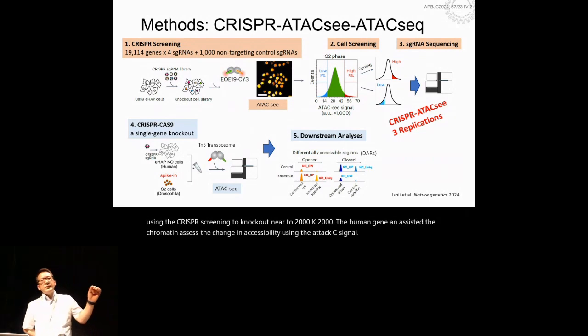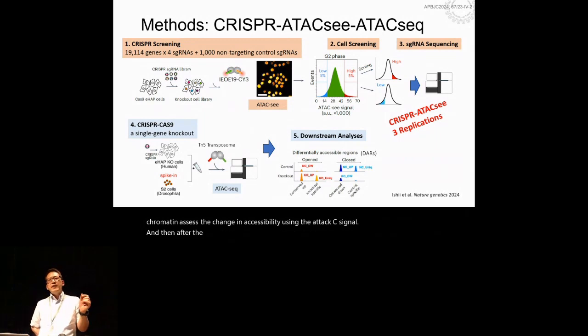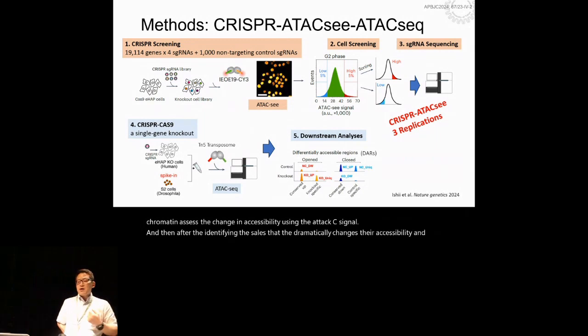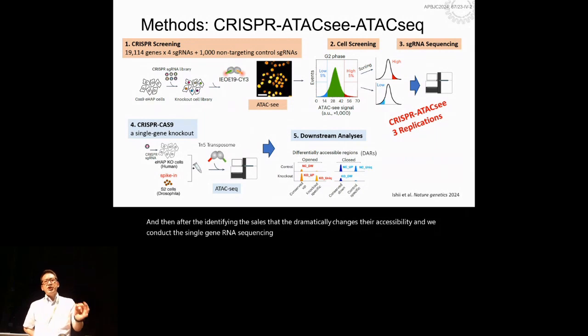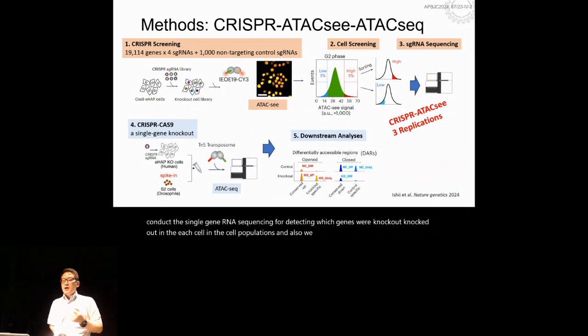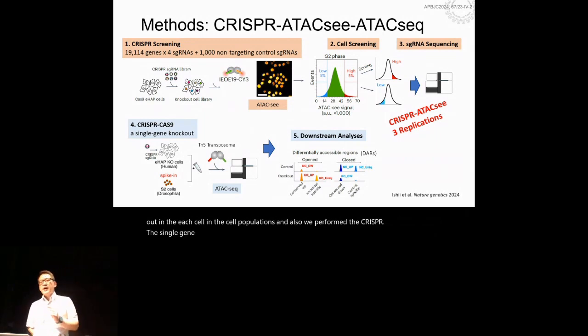After identifying the cells that dramatically changed their accessibility, we conducted single-cell RNA sequencing for detecting which genes were knocked out in each cell in the cell populations. And also we performed single gene knockout using the CRISPR-Cas9 system for comparing the pooled CRISPR screening and the single gene knockout.